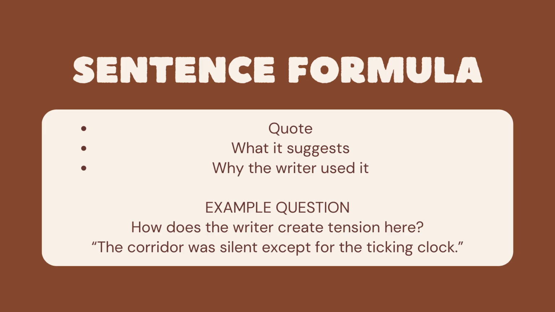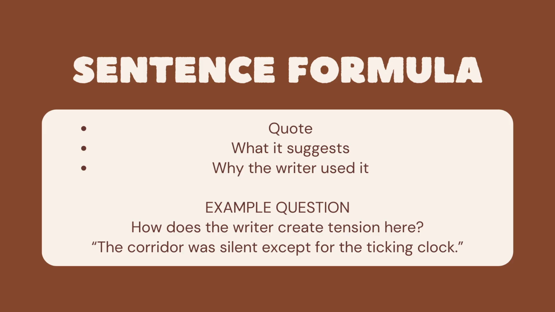Now, part 3, the short response. It is the 5-mark question which is based on R2. For longer R2 questions, keep it tight with a simple 3-sentence formula: the quote, what it suggests, and why the writer used it. The example question could be, how does the writer create tension here?